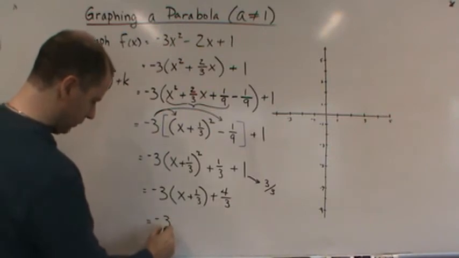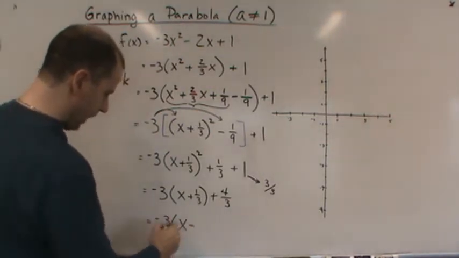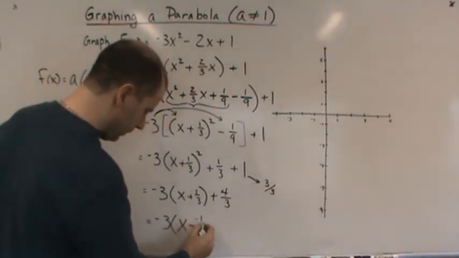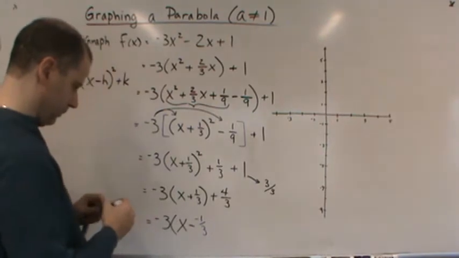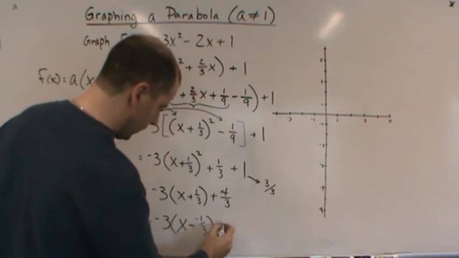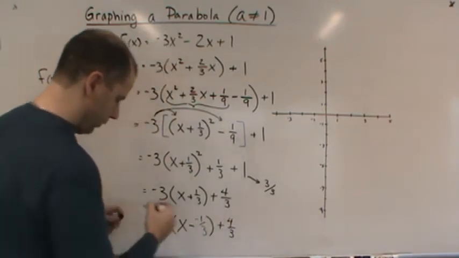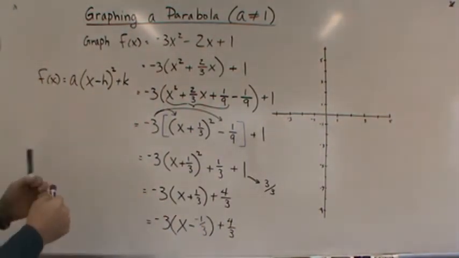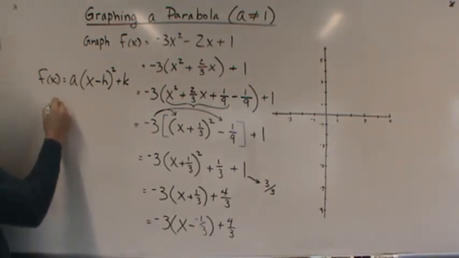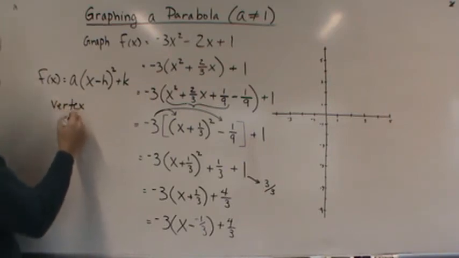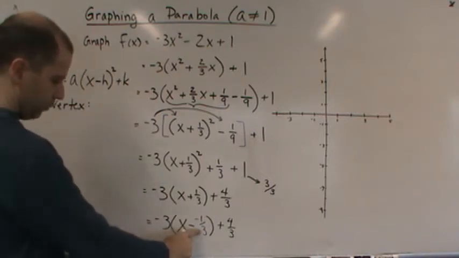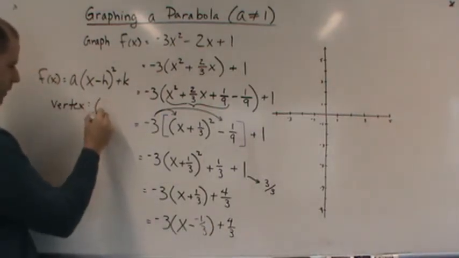So this will be -3 times x minus a -1/3, right, plus 4/3. And so now, where's the vertex? So we know now the vertex is going to be where? It's going to be at -1/3, comma 4/3.